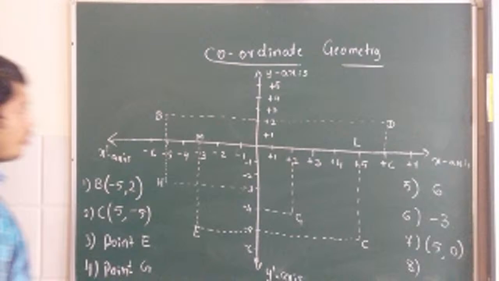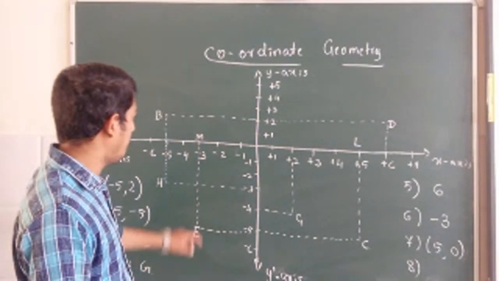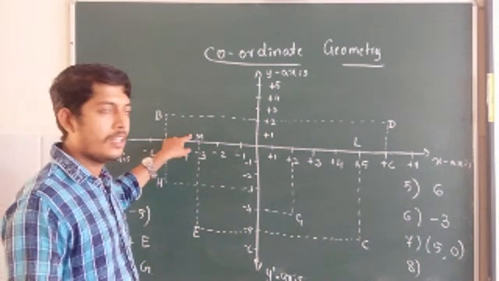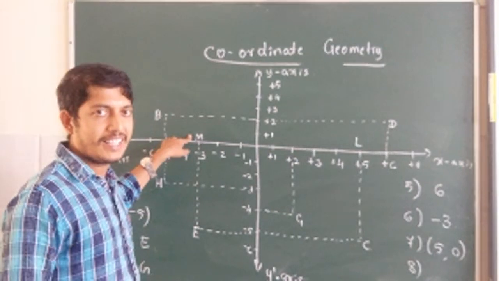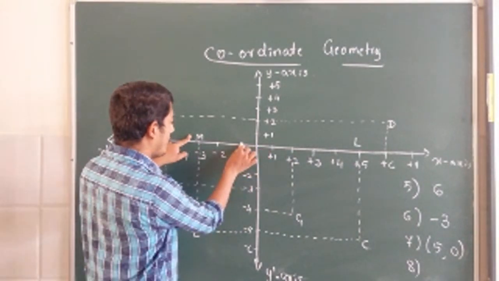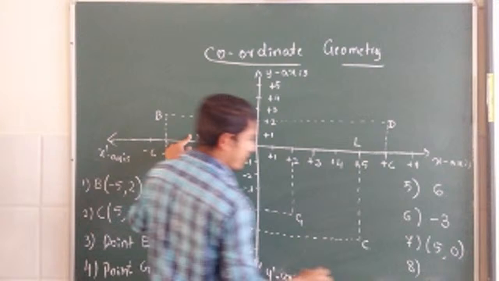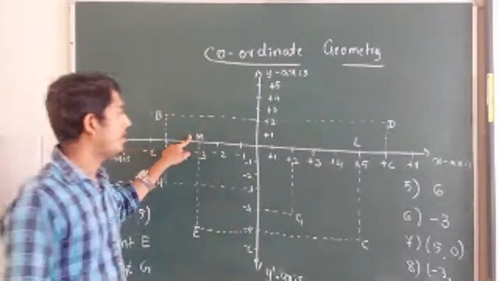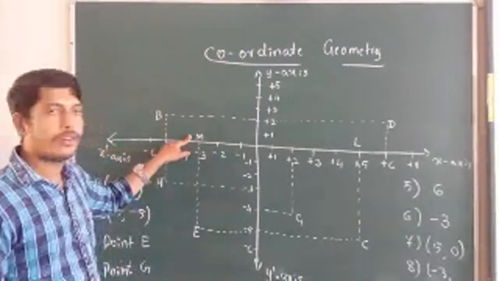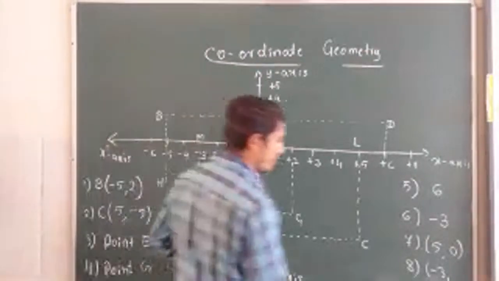So the coordinates of point M. Point M is present here. First we go for the x value: minus 1, minus 2, minus 3. Minus 3. Then we go for the y value. The y value is not present, that's why it is 0.